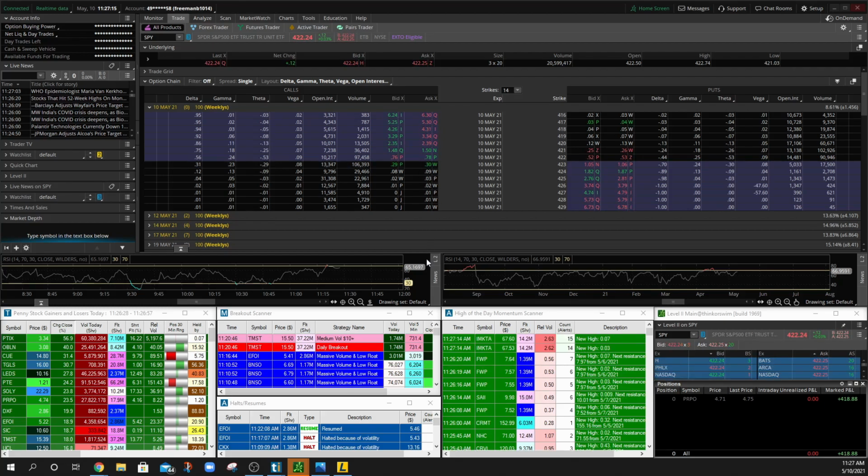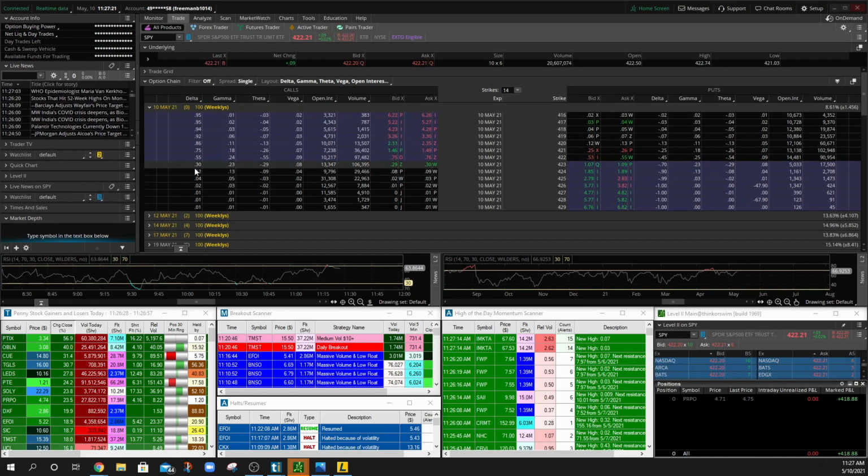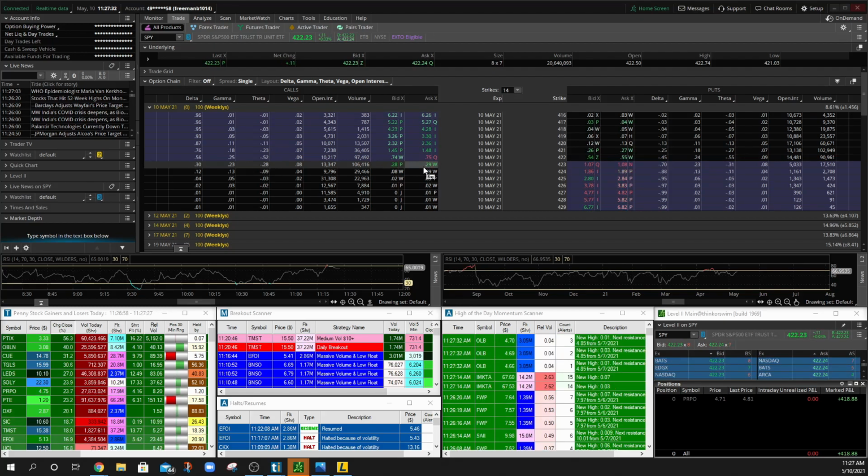If the SPY right now were to go from 422 to 423, you would make 100% return on your money. You're buying one option for $30. The delta is 30. So if the S&P goes up $1, all right, you're going to make $30 a contract and you're paying $30 for the contract. You're going to make 100% return.